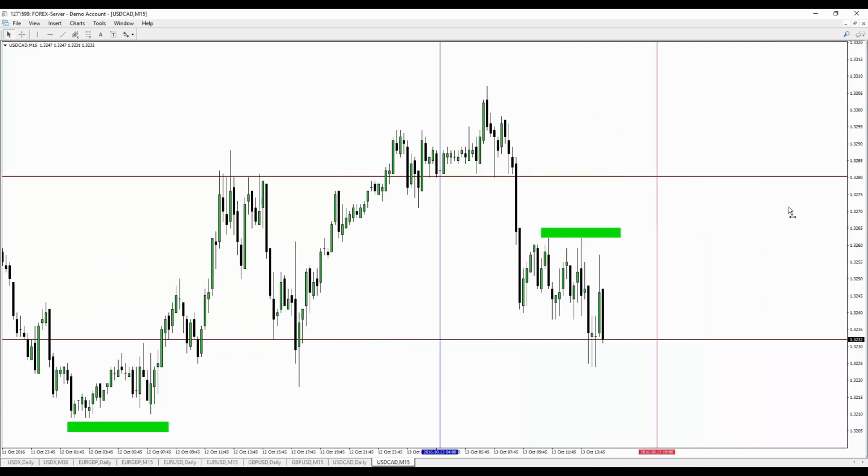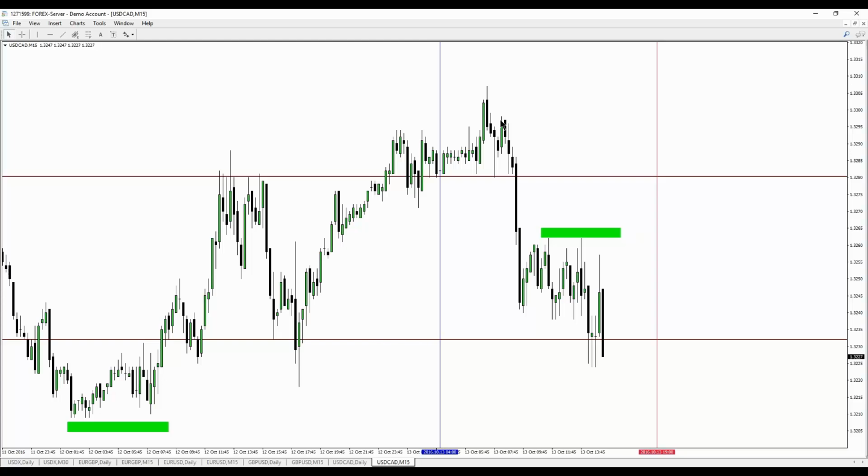Okay, here we go. Remember, what are we looking for? What side of the liquidity were we looking for? Now, why would I be more inclined to look for these down here and not a run above the high?